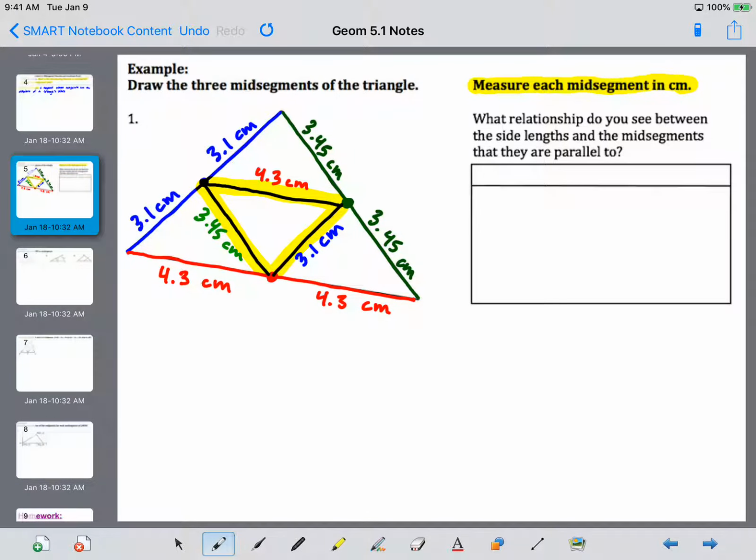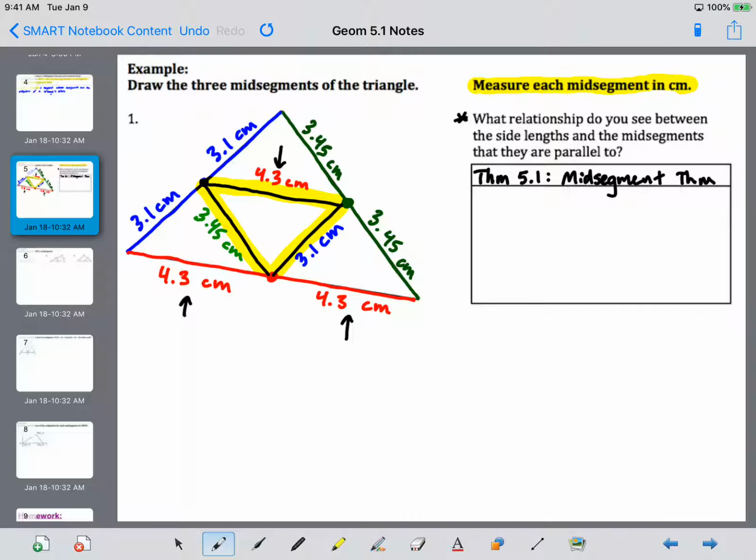All right, so that leads us to a relationship, which is actually our first theorem here. This is theorem 5.1, which is called the mid-segment theorem. We're going to figure out what that theorem is by answering this question: What relationship do you see between the side lengths and the mid-segments that they are parallel to? Well, you probably see that this 4.3 centimeters is the same length as these 4.3 centimeters.